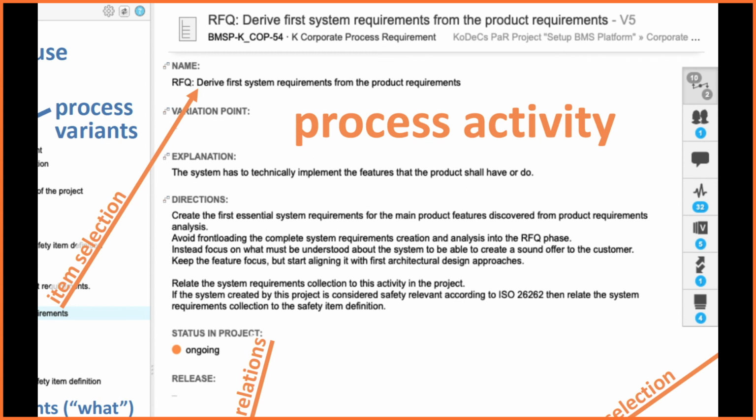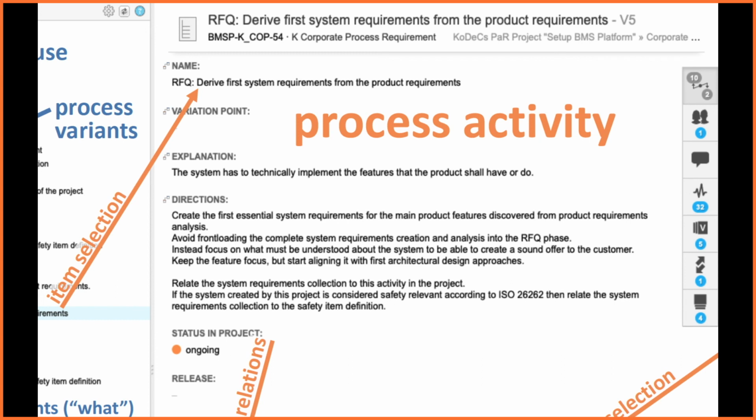What we also see is that this process activity has a dedicated status in the project. So the project reuses the process activity and gives additional information. In this case, this process activity is still ongoing in the project. We also could give extra information like how much budget is estimated, how much time is estimated, how much budget is already burned for this process activity, so that we get a better view about maturity.